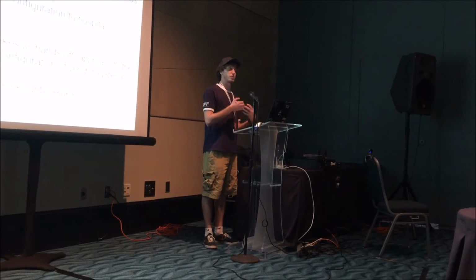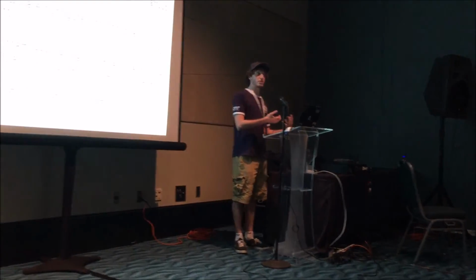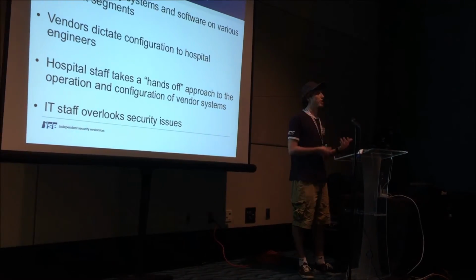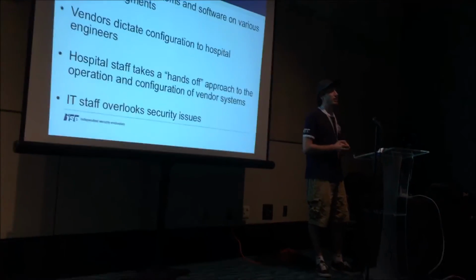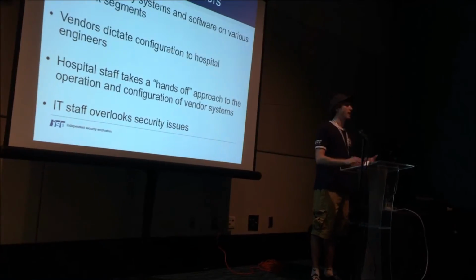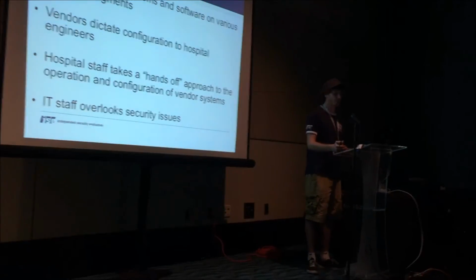So from there, once the system is deployed, let's say the pharmacy, going back to that example, they can start making changes to these configurations, adding new systems, and the IT staff isn't going to have any idea. By virtue of this, the IT staff is going to overlook a lot of security issues.